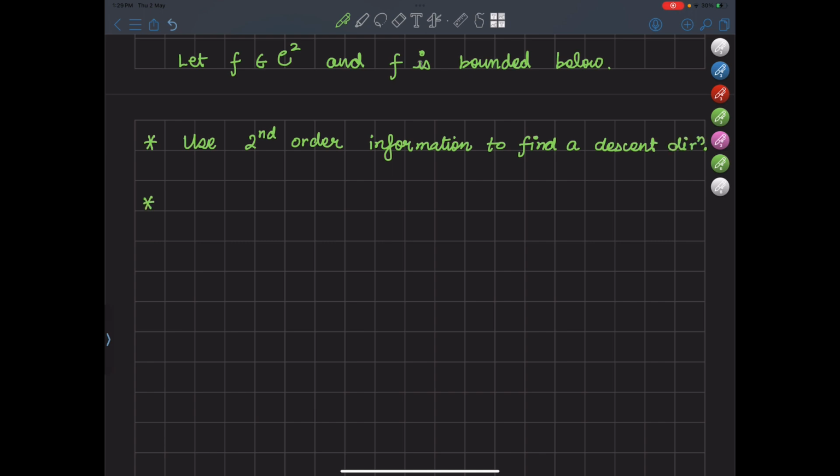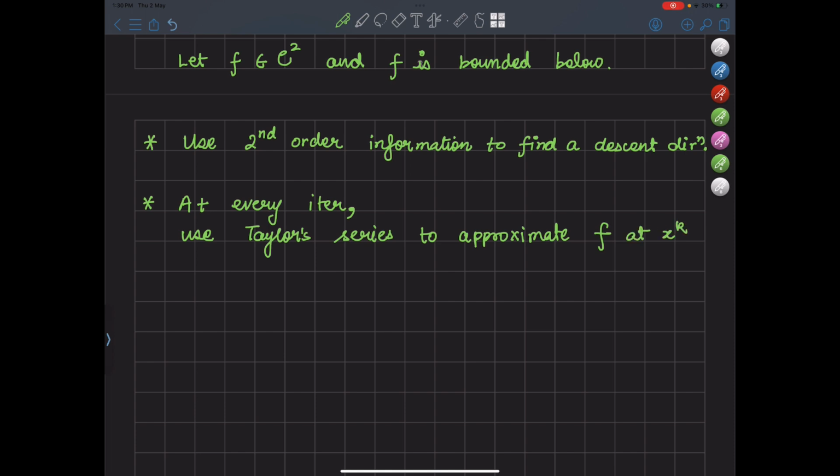At every iteration, we use Taylor series to approximate f at xk by a quadratic function, and find the minimum of this function to get xk plus 1.